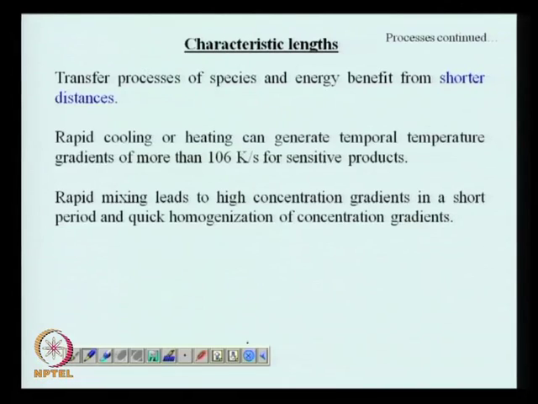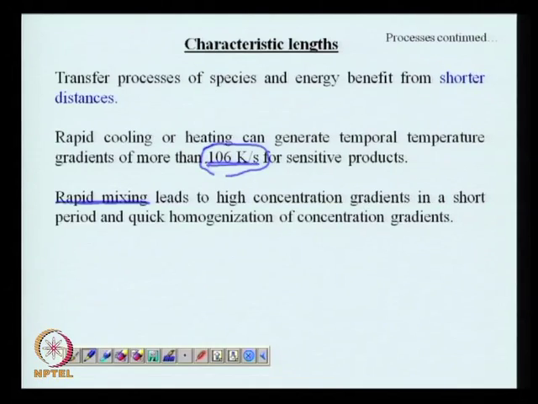Now, we also have to think about the characteristic lengths. We know that transport processes benefit from shorter distances, and we can have rapid cooling or heating, since the process is faster, and we get this much temperature gradient for sensitive products. So, we have rapid mixing, that is something which we need to take into account.